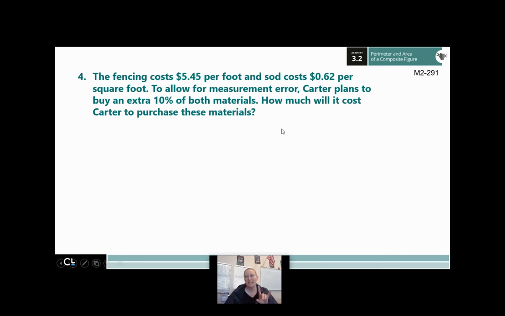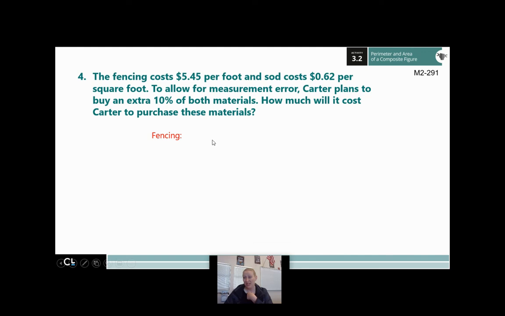So the first thing I did is I looked at fencing, all right, that $5.45 per foot. But I already realized a few things. First of all, we're doing an extra 10%. So here's what I'm going to do. I want that 100% of that 75 yards, but I want an extra 10% on top of it. So this is a cool math trick that always works really well.